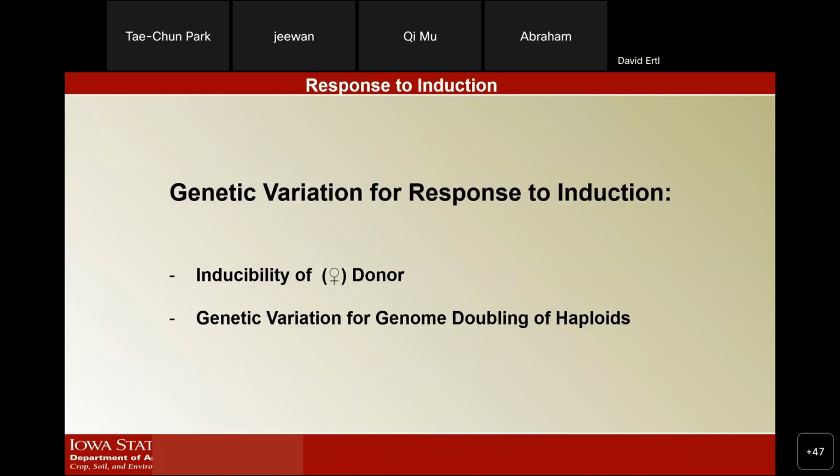With that, I'm now leaving the inducer side, and go to the donor side. What we learned in this DH process is that there's a genetic response of the donor to both the induction process, but also in terms of the genome doubling.